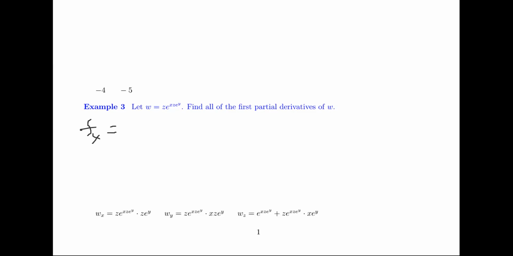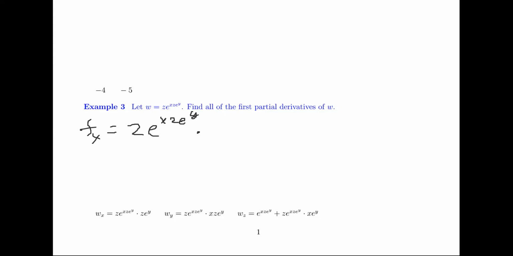All right. We're treating y and z as constants. So really, this is a constant times e raised to the power of x times some constant, right? z times e to the y is just a constant since z and y are constants. Well, the derivative of that then is just the constant z times e raised to the same power, all times the derivative of that exponent.